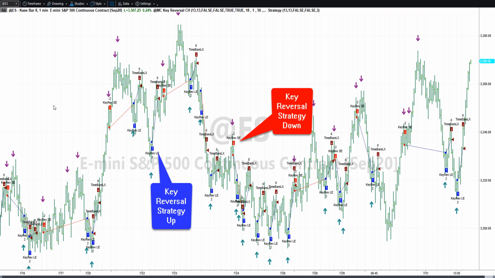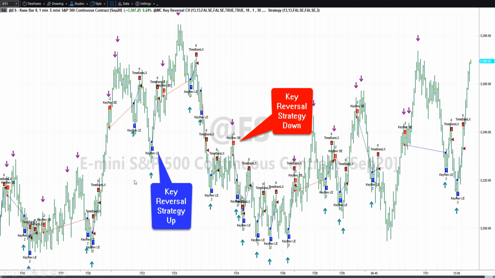So this is the key reversal strategy here, and you can see, just like any strategy, it's going to generate trades long or short based on that key reversal condition. You'll notice that you'll always get an arrow, and then it'll generate the order.